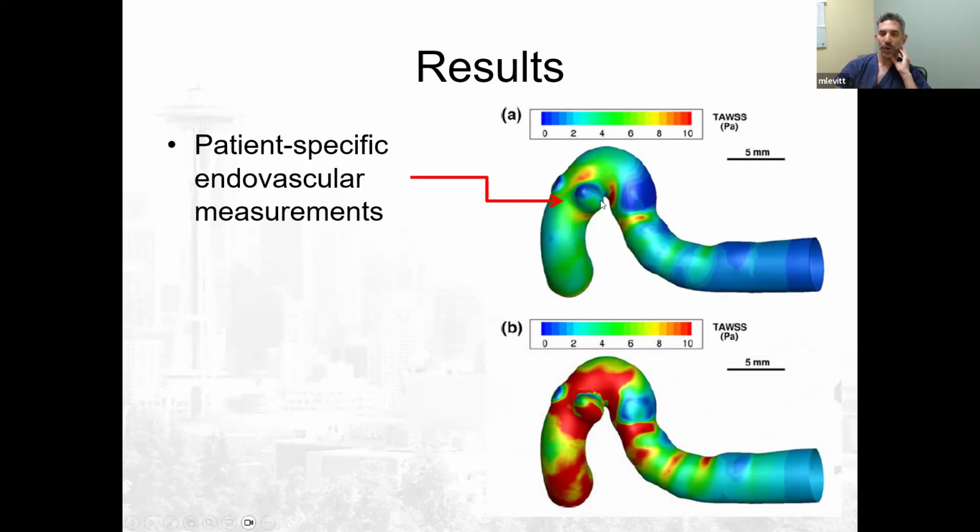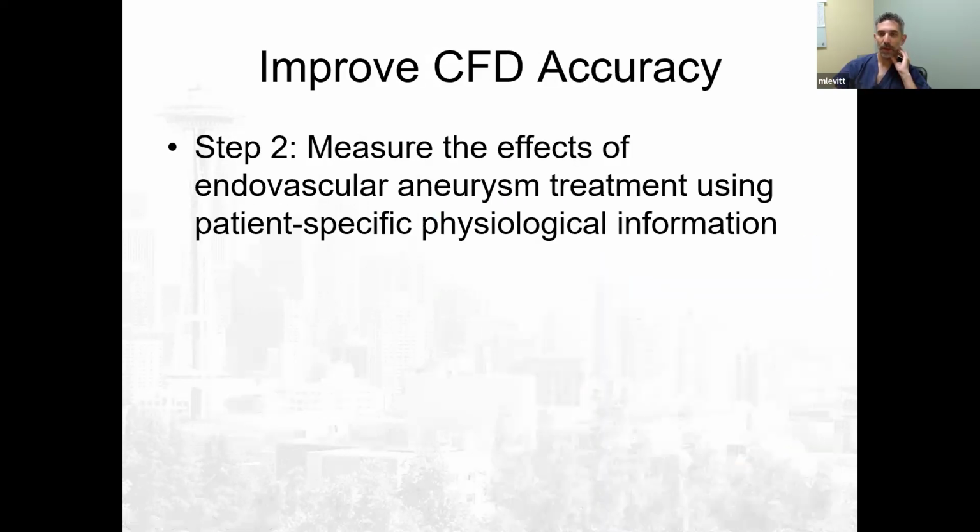So you can see the wall shear stress with the patient-specific measurements, and then this is with the standard values. So it's a really big difference in terms of what's actually happening in this patient's blood vessel. If we just use the standard off-the-shelf numbers, we're going to get a really incorrect simulation, and so we don't want to make clinical decisions based on that.